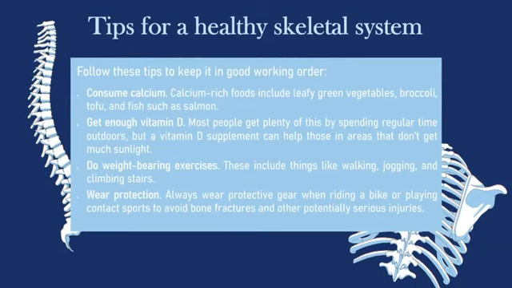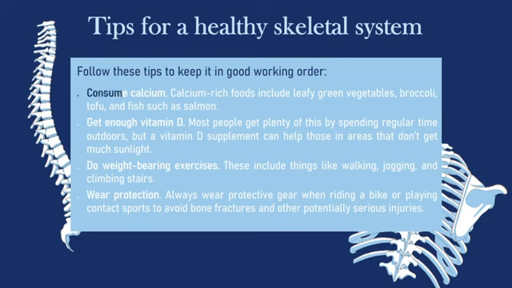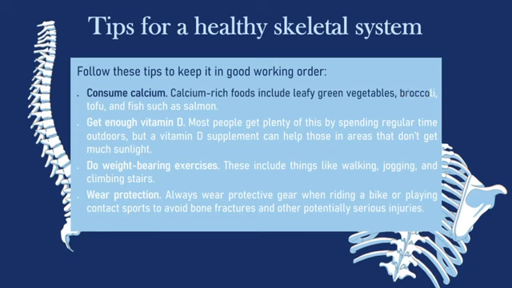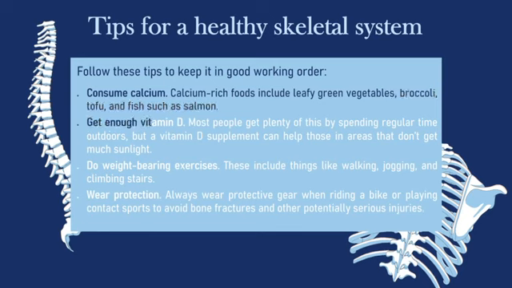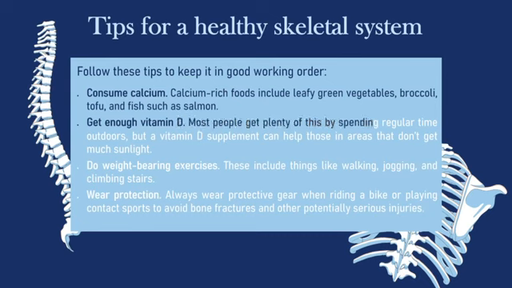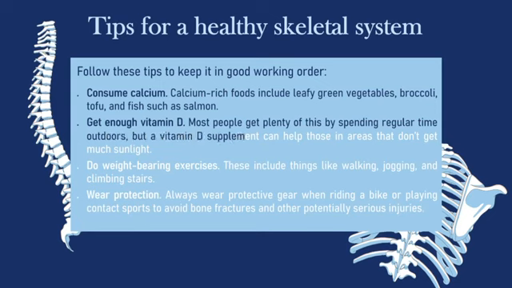Here are some tips for a healthy skeletal system. Consume calcium. Calcium-rich foods include leafy green vegetables, broccoli, tofu, and fish such as salmon. Get enough vitamin D. Most people get plenty of this by spending regular time outdoors, but a vitamin D supplement can help those in areas that don't get much sunlight.